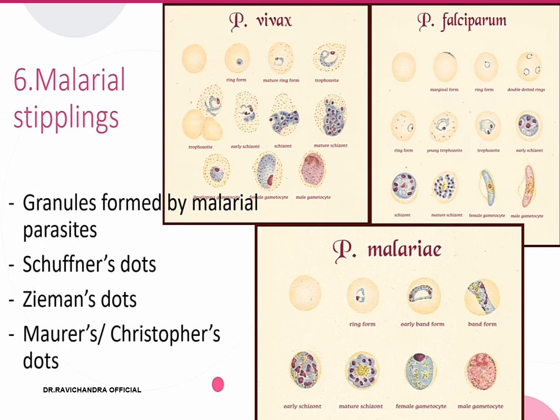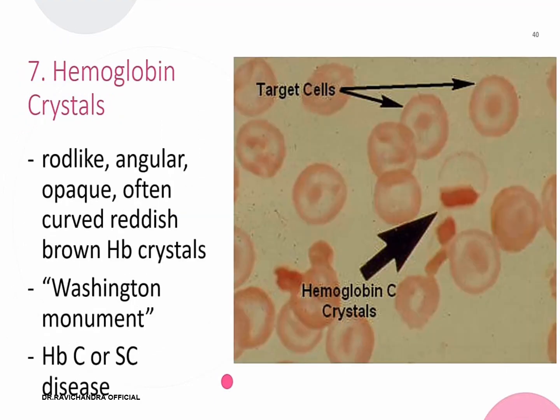Malarial stipplings. The granules formed by malarial parasites will result in malarial stipplings. They can be called Schüffner's dots or Ziemann's dots or Maurer's dots or Christopher dots, seen in Plasmodium vivax or falciparum or malarial infections. Hemoglobin crystals are rod-like, angular, opaque, often curved reddish brown hemoglobin crystals resembling Washington monuments, seen in hemoglobin C disease.